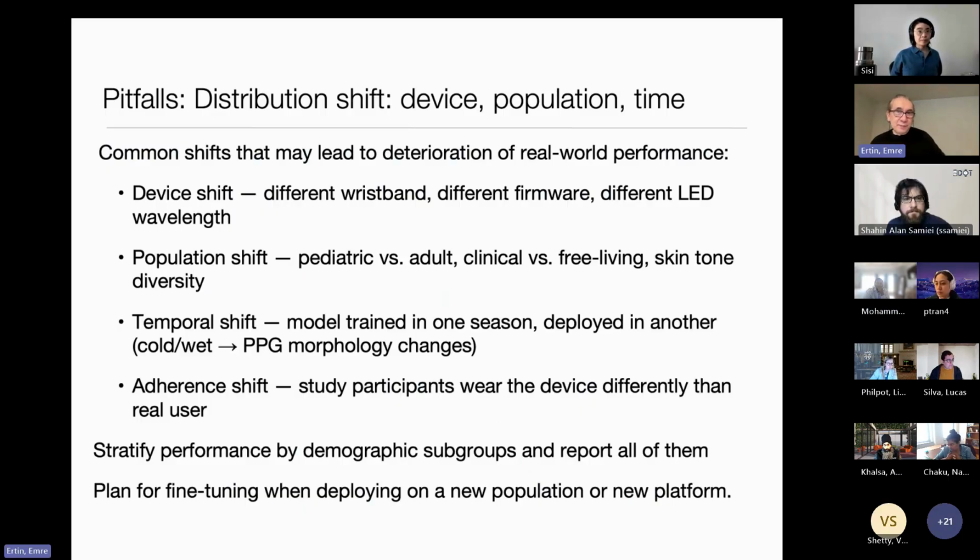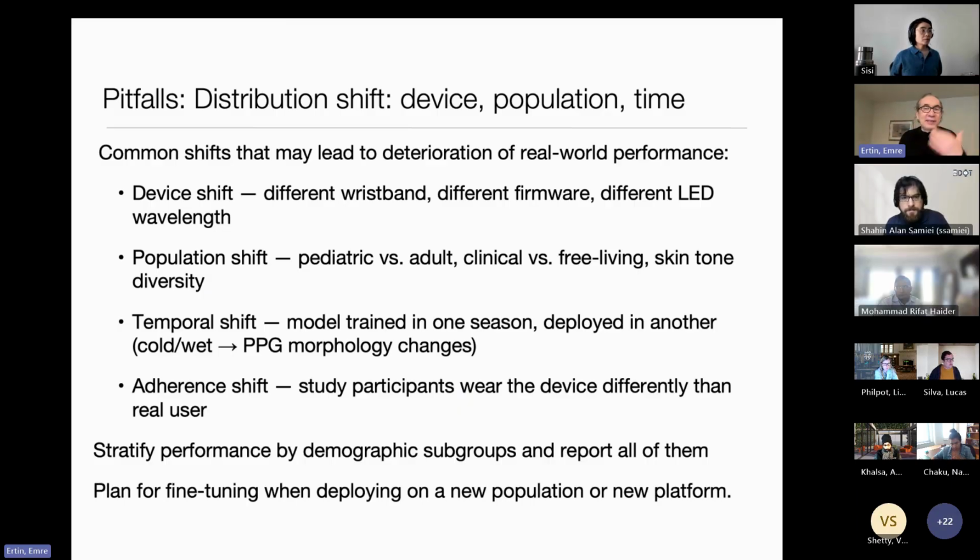Some shifts between the devices they used in training versus the devices we use in our studies might lead to deterioration of the real-world performance that we get in our studies. We are using a different wristband, different firmware. We might have a different LED wavelength. Our photodiodes might be slightly different.